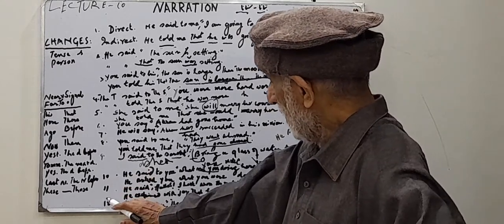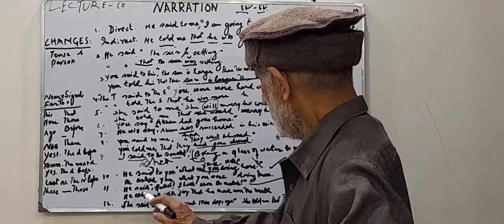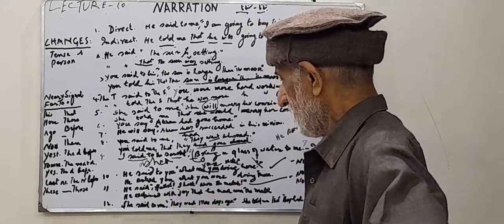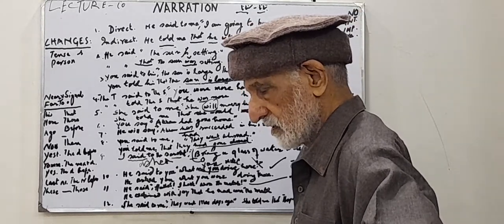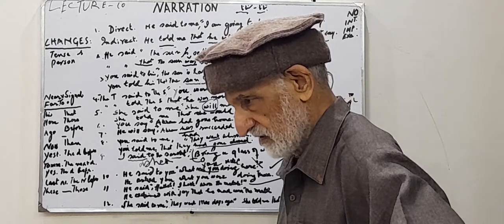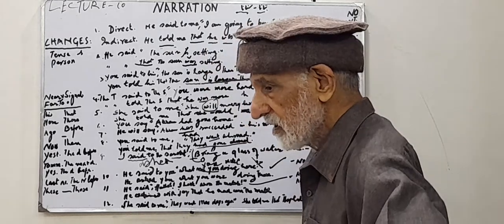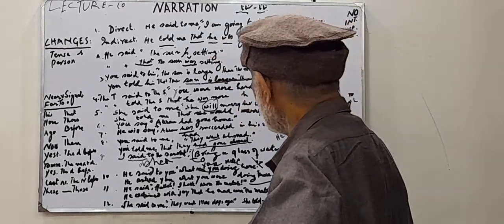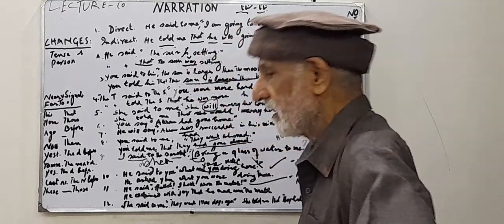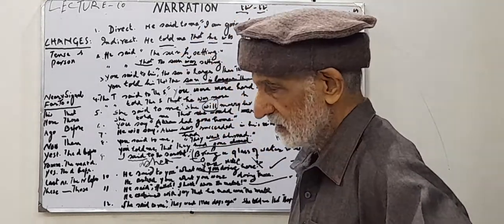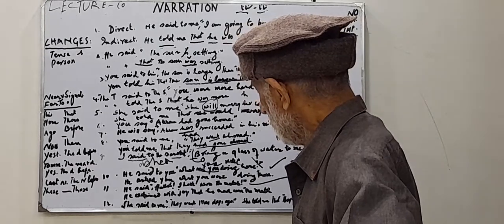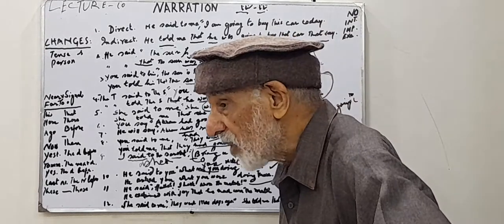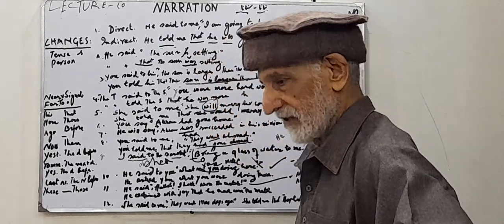Well, the 11th example, he said, hurrah, I have won the match. So you are not to use interjections. In their place, you will write the words which convey the sense, the feeling, the ideas. He said, hurrah. Hurrah conveys joy, happiness.